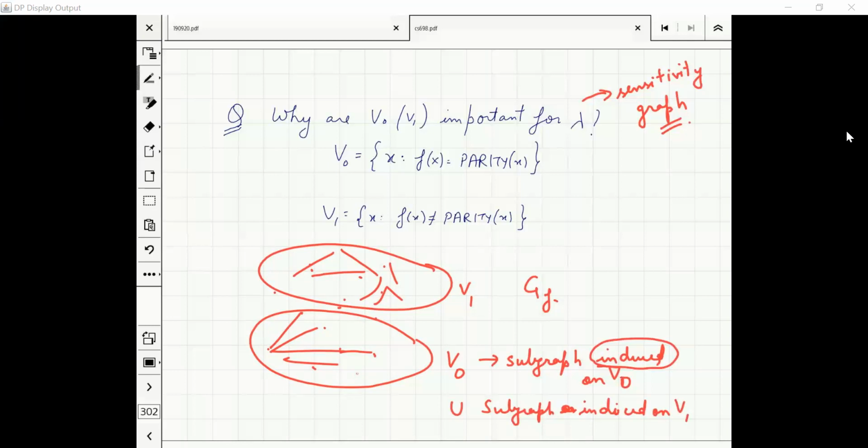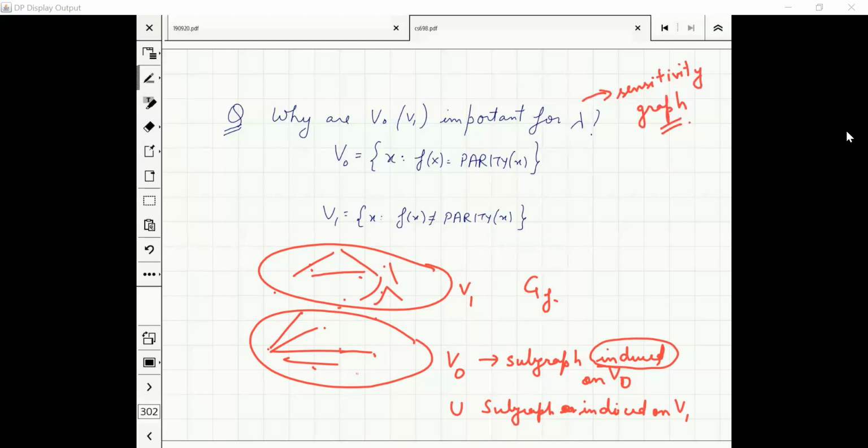So the only edges which are removed in the sensitivity graph are the edges which were there between V0 and V1. So you draw V0 and V1, you remove all the edges between V0 and V1 in the Boolean hypercube, you will be left with the sensitivity graph. And the proof of this is not difficult.